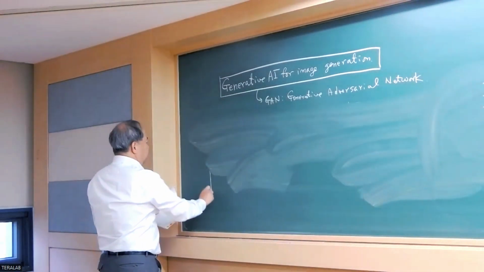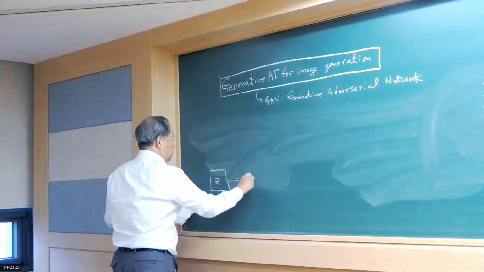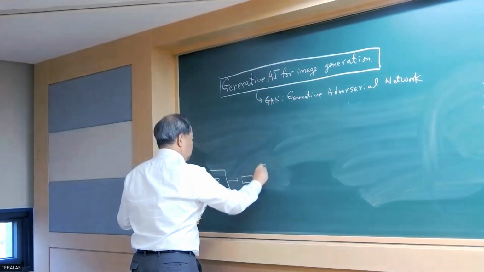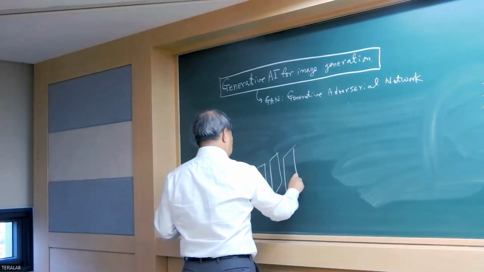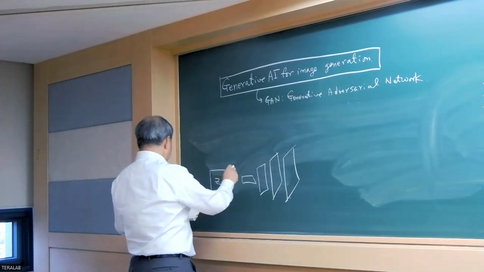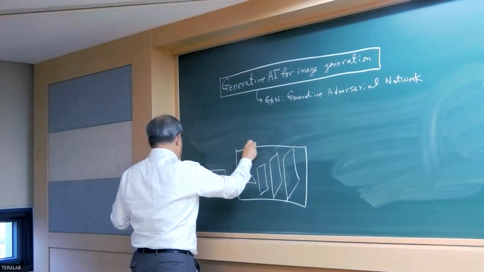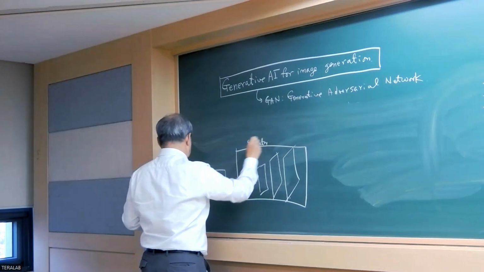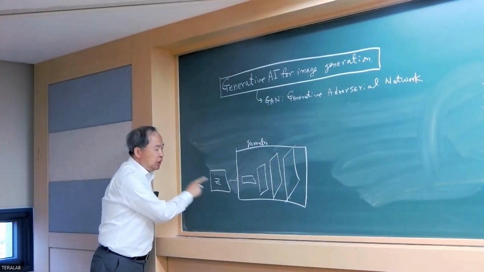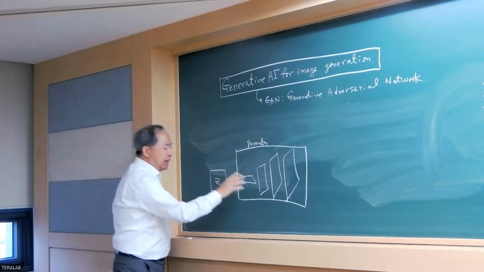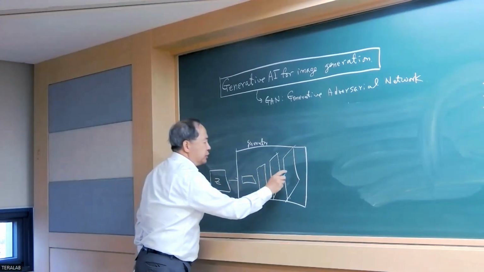Now let's assume we have a noise, latent vector space. Using the generator, let's assume we have a latent vector G, and the generator will convert this latent vector to a certain image.